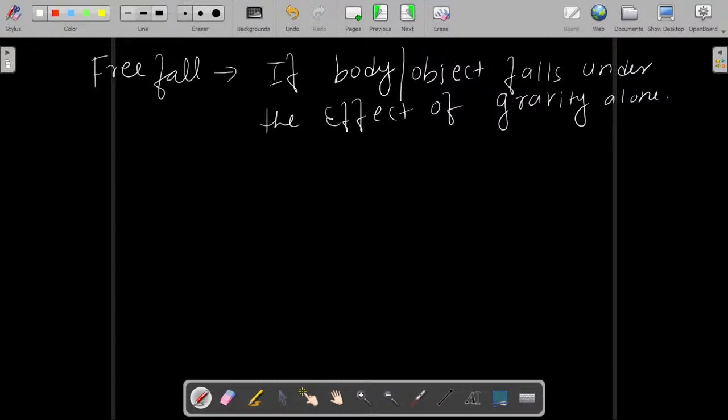Suppose you just drop an object, it will fall down. If there is air, then air will also exert a drag force in the upward direction. Suppose there is no air and you are just dropping an object, then it will fall under the influence of gravity only. Still there is vacuum, but gravity is present there. So when a body falls under the influence of gravity only, that fall is called free fall.